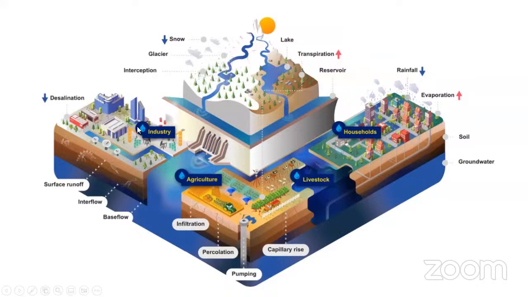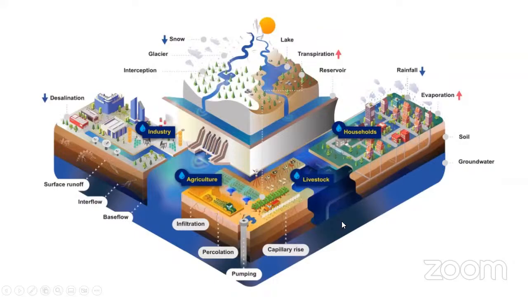Each industry should have some treatment system, that is effluent treatment plants, ETP. In agriculture activity also, they should maintain fertilizer and pesticide control. And households also should maintain proper dumping of solid waste and liquid waste.